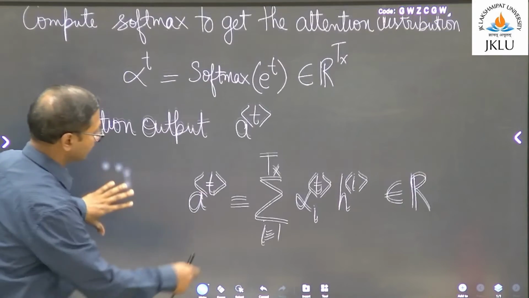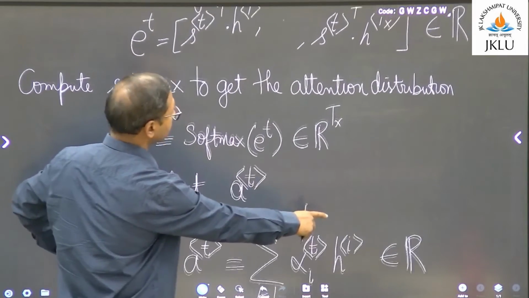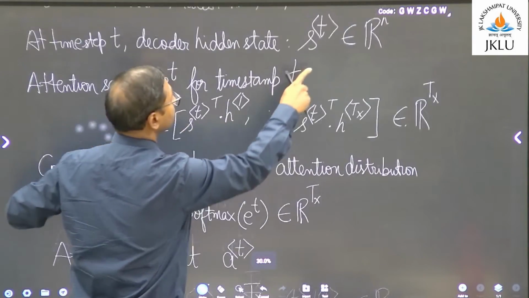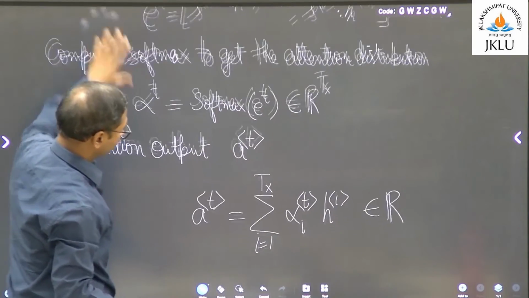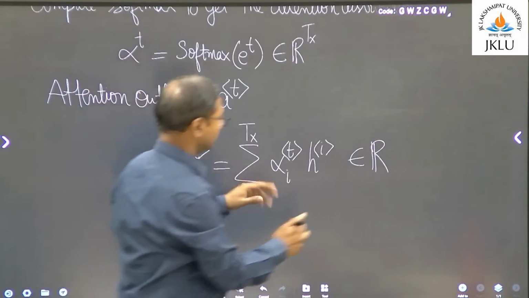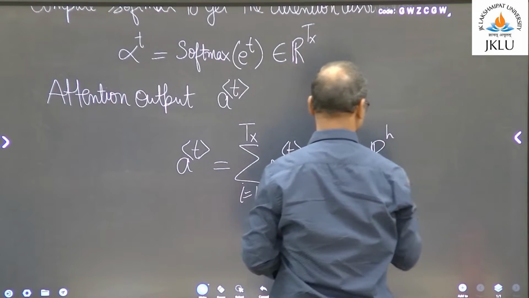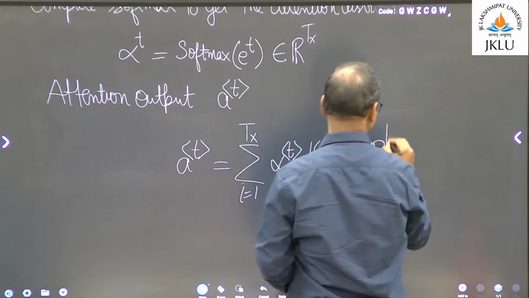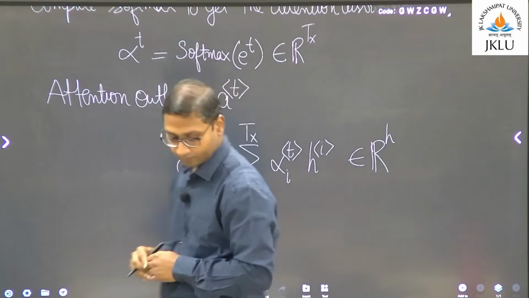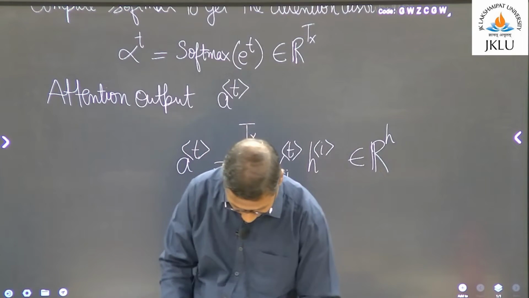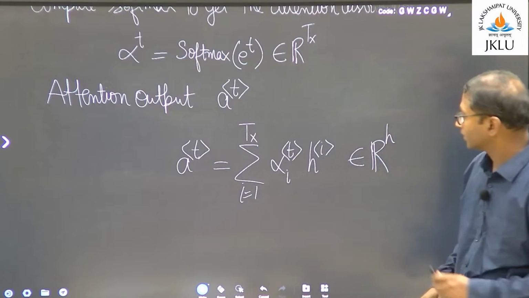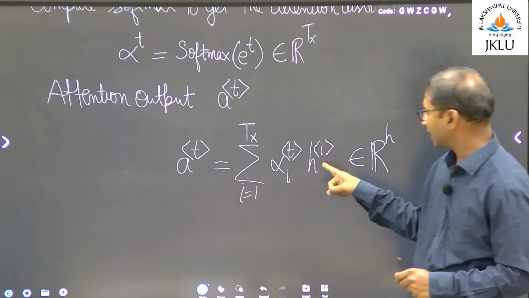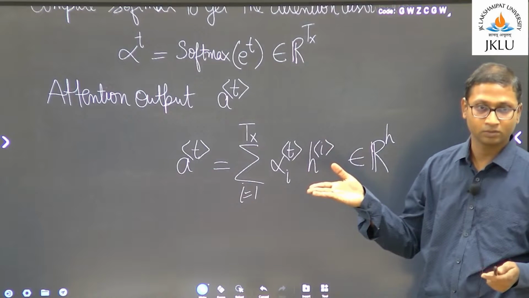So this is a scalar and these vectors are coming from RH. So this is RH, AT, because HI was 100 cross 1. Now this is a scalar.